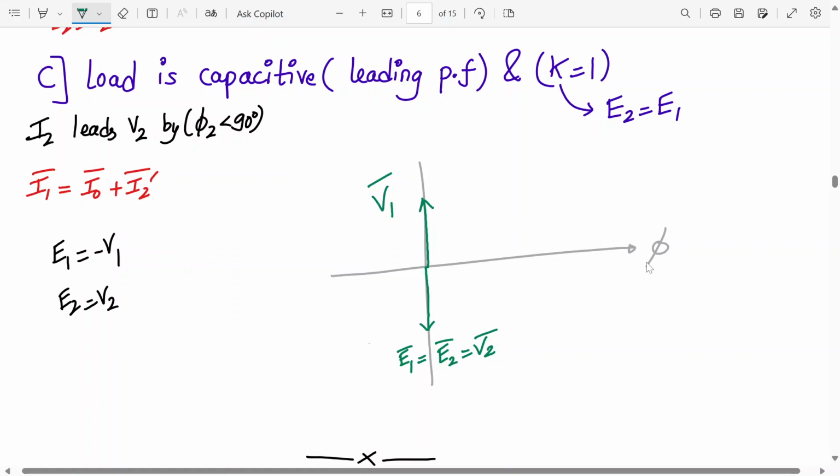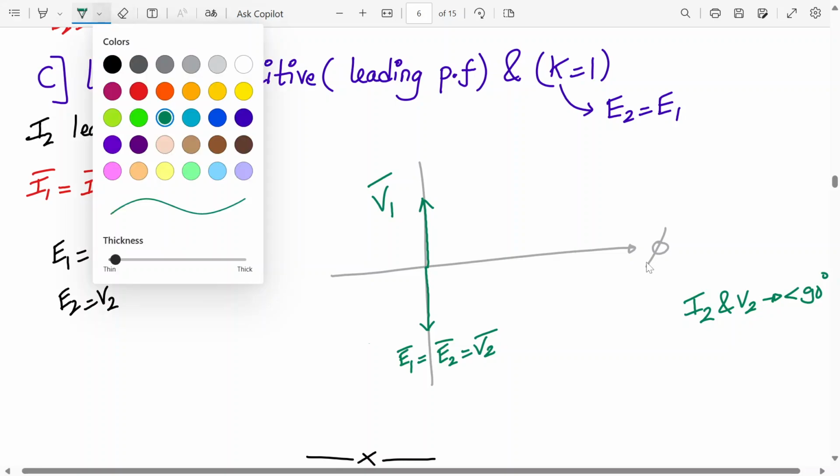Now tell me, where will I2 come? Because the phase angle between I2 and V2 should be less than 90 degrees, where I2 is leading, in the fourth quadrant.